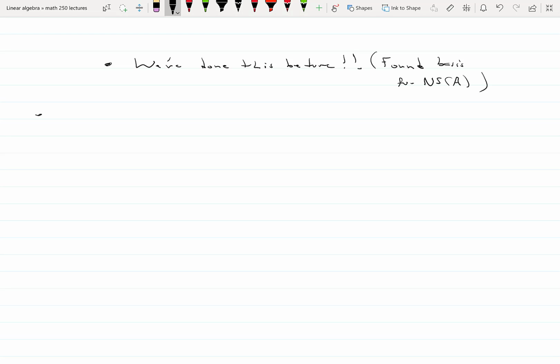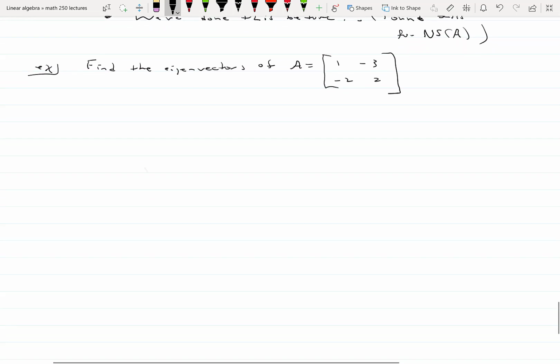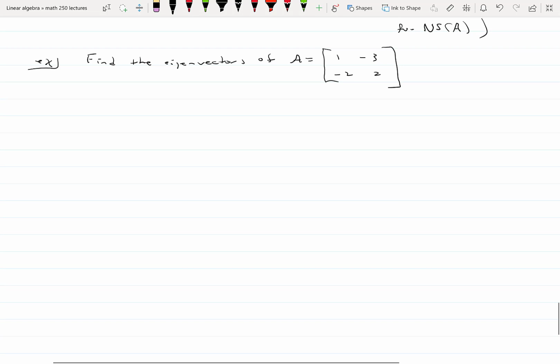Okay, so for example, we're basically going to expand upon our last example. Find the eigenvectors of the original matrix A from the last example, whose columns are 1, -3 and -2, 2. We have two eigenvalues, lambda equals 4 and lambda equals -1. Let's do them one at a time.